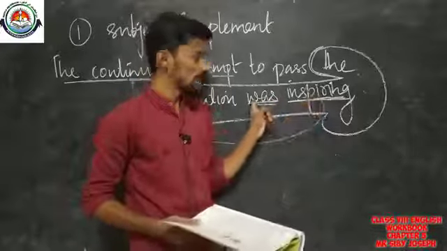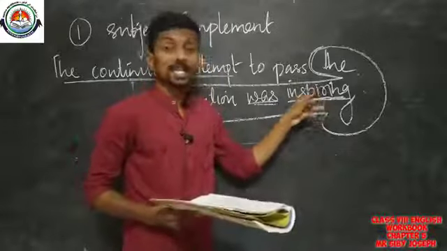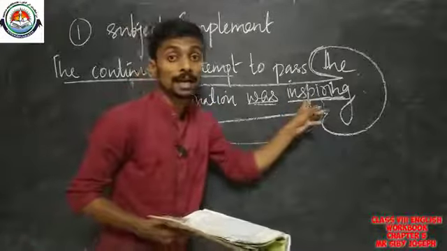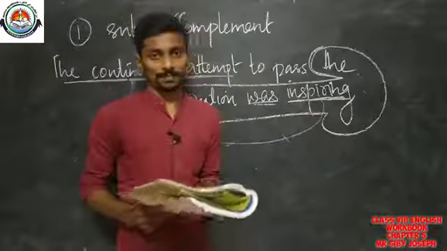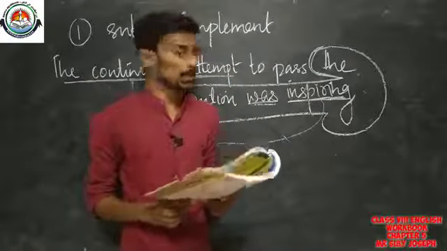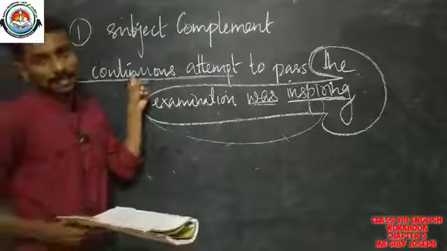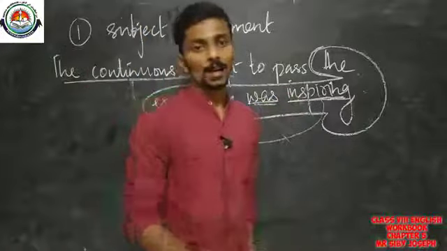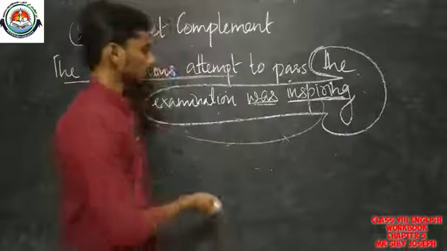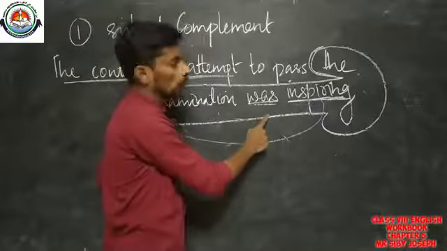It is followed by this verb, and it gives additional information about the subject or object. Here, it gives additional information about the subject. It is said to be a complement. So, listen, a complement is a part of a clause.